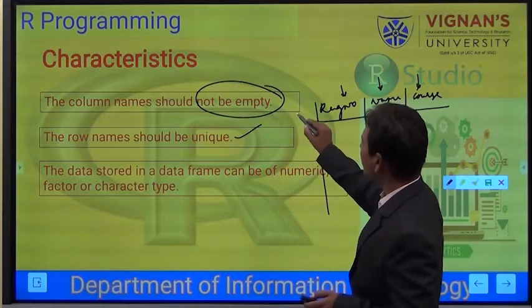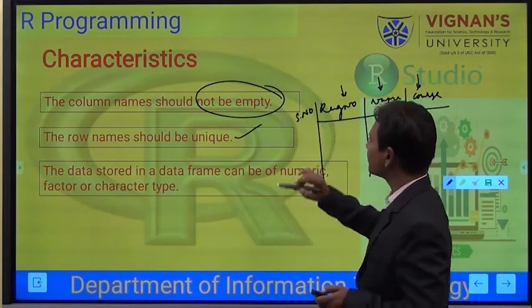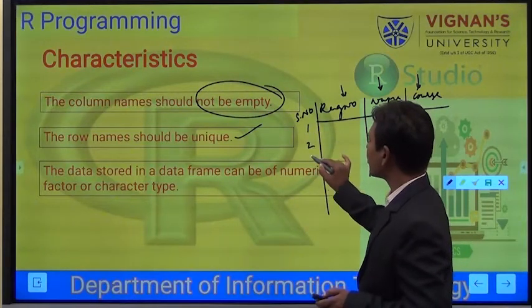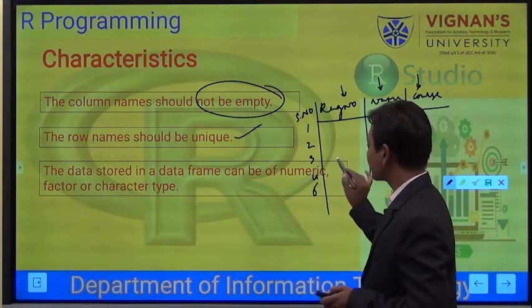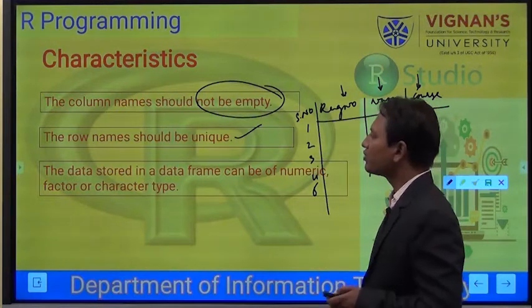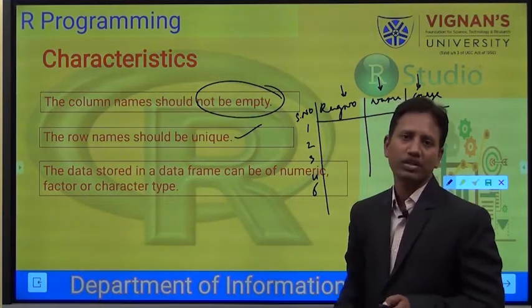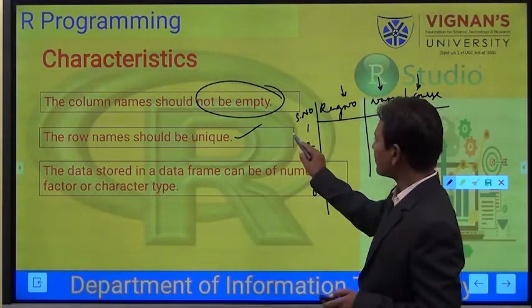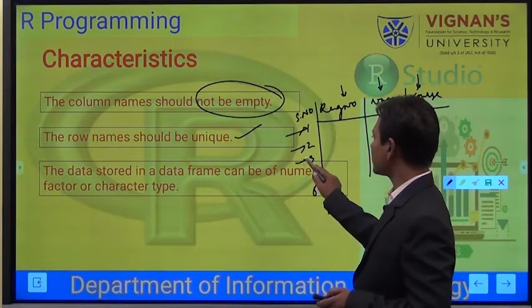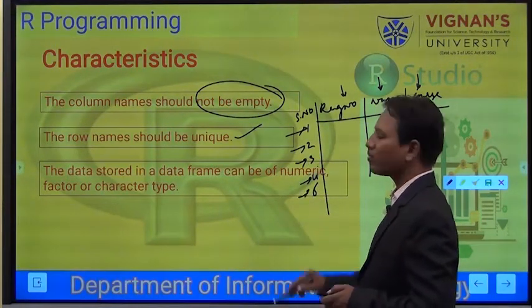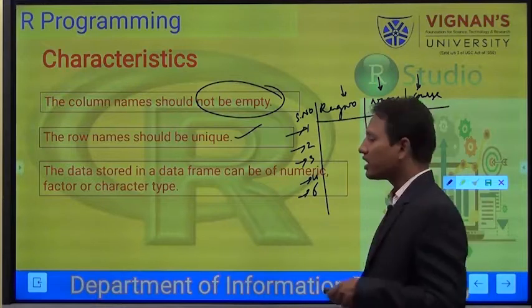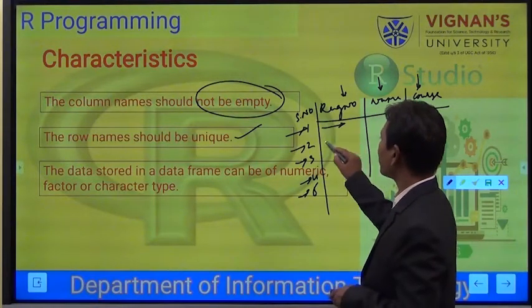If I take the row name as some serial number, the serial number is not going to repeat. So this serial number is going to be a row name kind of thing. So here this is my first row, this is my second row, this is my third row, this is my fourth row and fifth row. Or even the register number itself can be a row name.